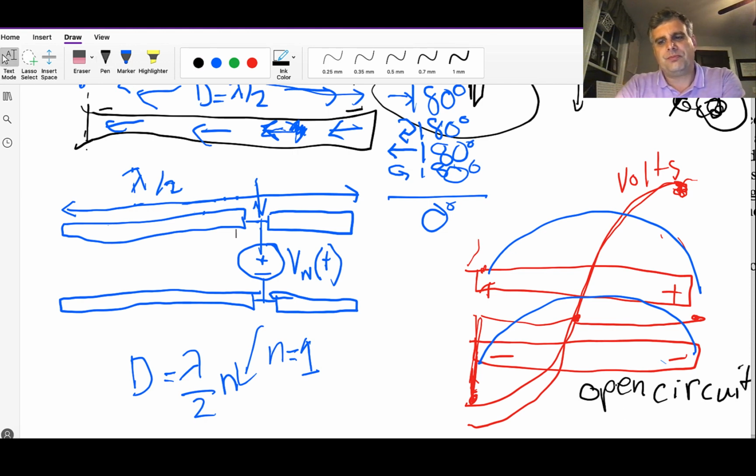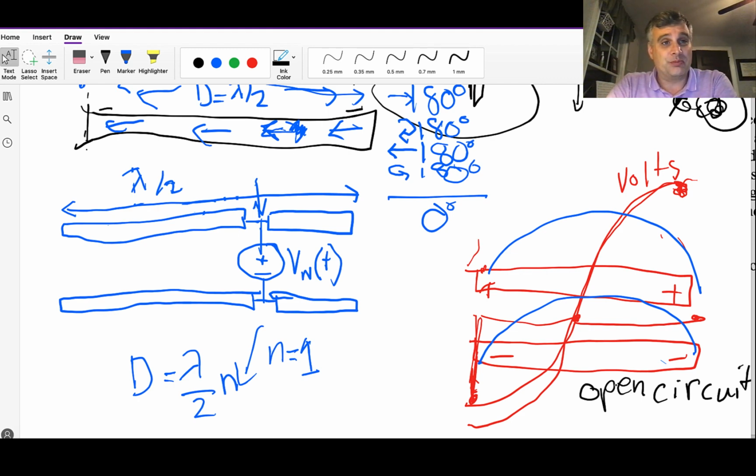So, the violin string behaves most similarly to an open circuited transmission line when viewed with respect to current. I could just as well make the analogy to voltage with the acoustic deformation on a string or displacement on a string.